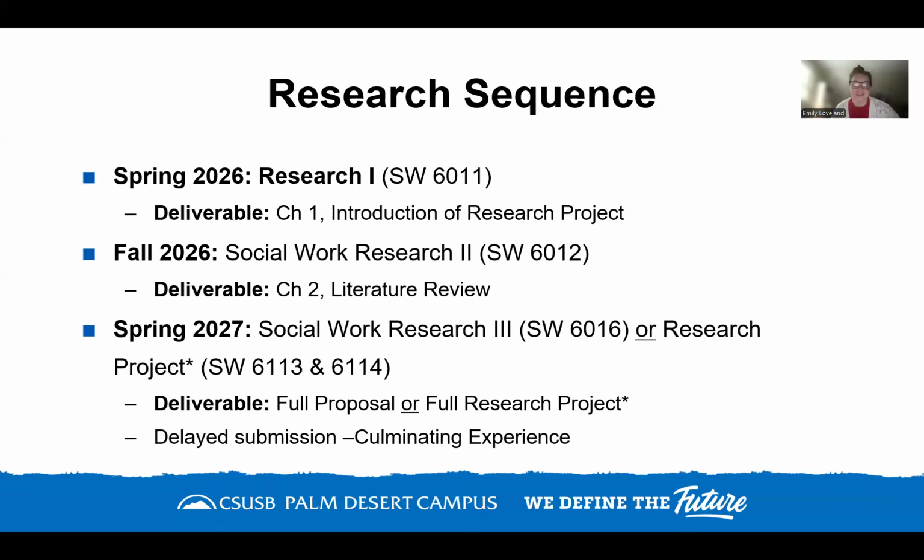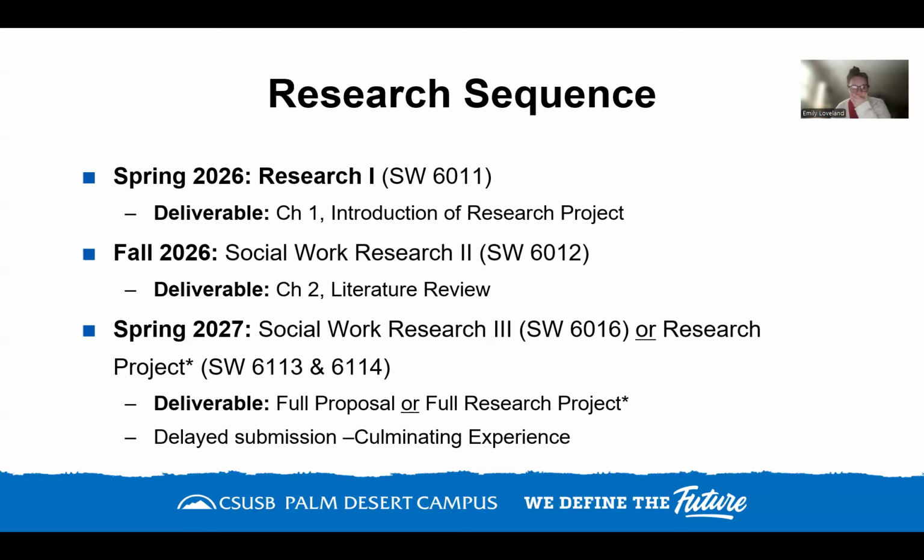But if you are passionate or thinking about doing a PhD program or something like that, you'll want to be thinking about completing a full project, and please reach out to me individually and we can definitely discuss these options.